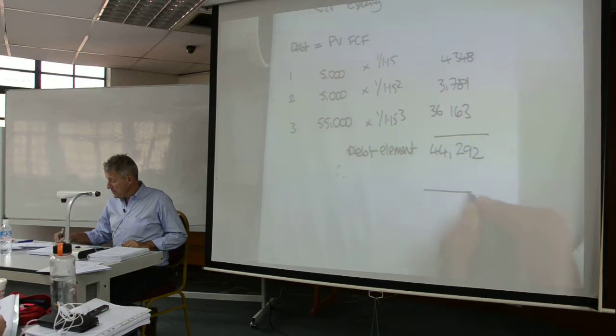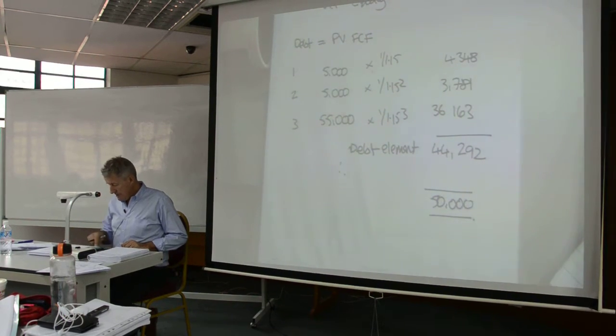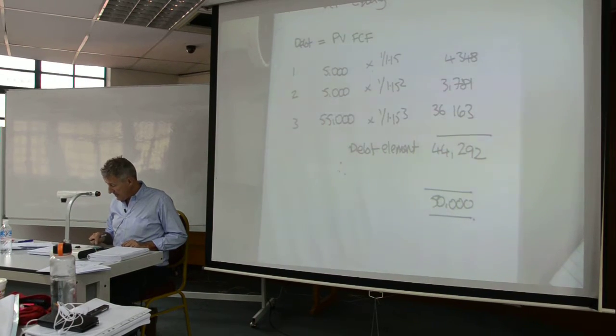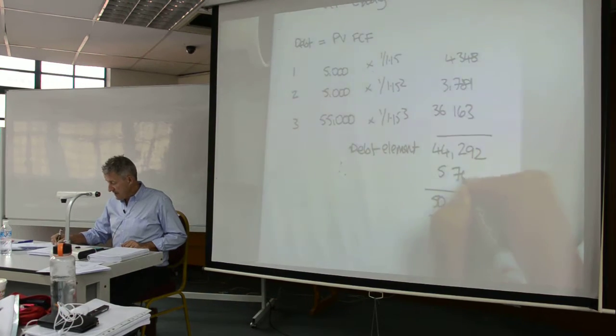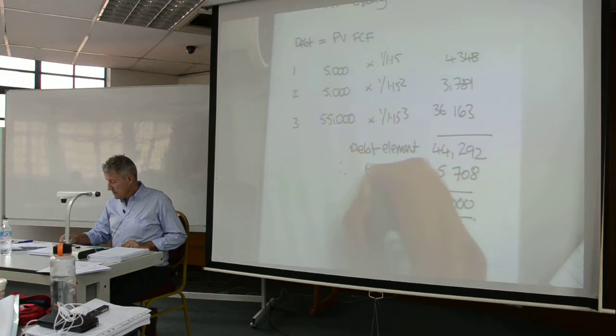And therefore, as we have received overall 50, the amount of the equity element must be the balancing figure. So the amount of the equity element is 5,708. So that is the equity part.